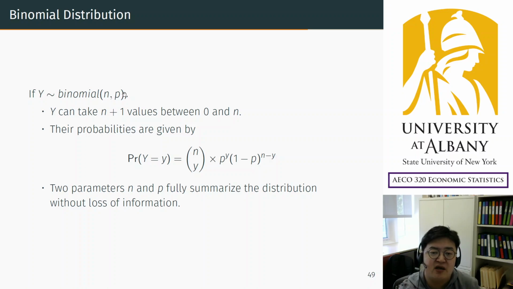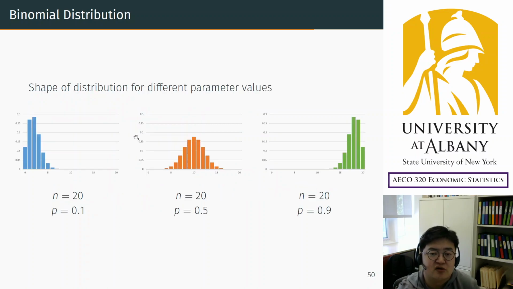The parameters are n and p. So then, how do they look? The histogram looks like this. When I fix the number of experiments to 20, and change the success probability from 10%, 50% to 90%, as you can see, the number of successes will increase. The number of successes is usually 1 or 2 or 3 when the success probability is 10%, right?